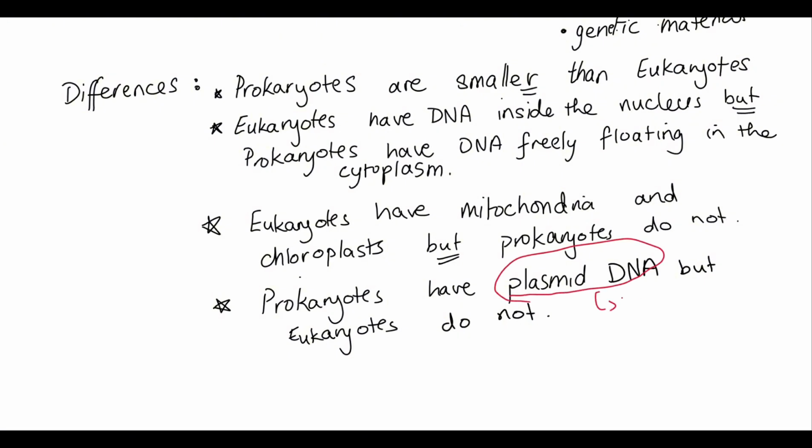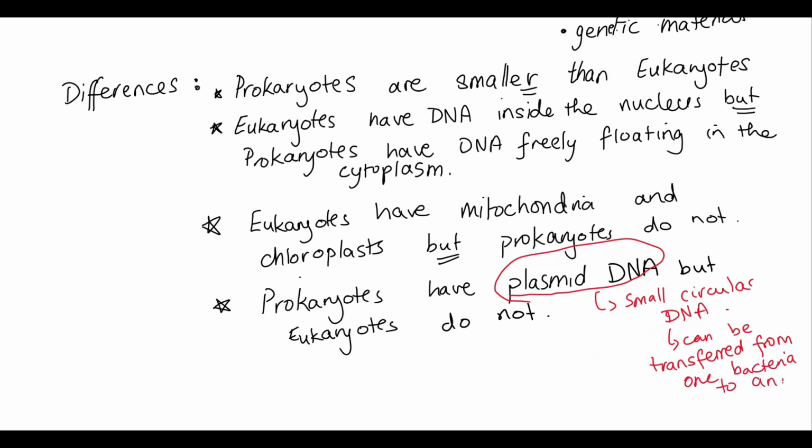So these are small circular DNA. I'll show you in a diagram in a second. Small circular DNA. So prokaryotes have those really small circular DNA, which can be transferred from one bacteria to another. But then eukaryotes don't have that.